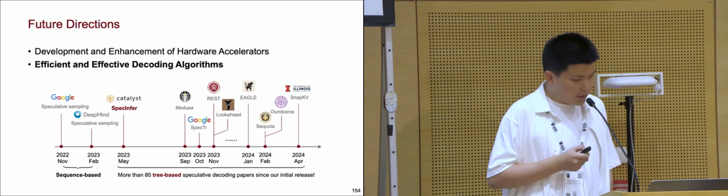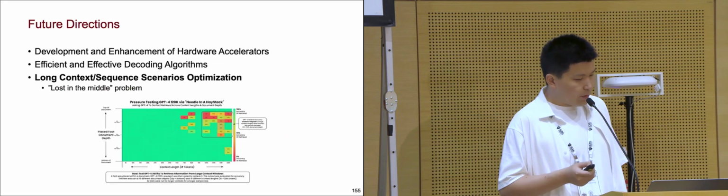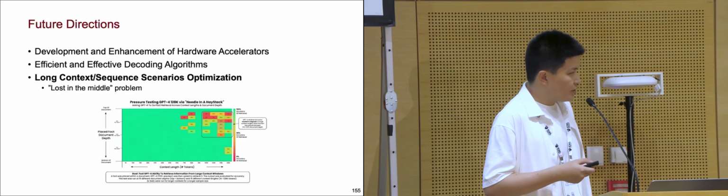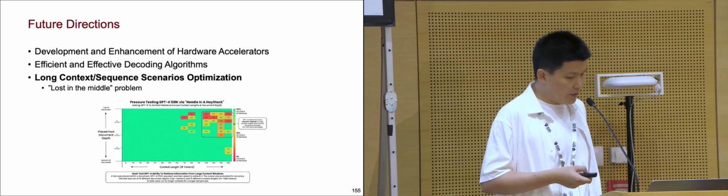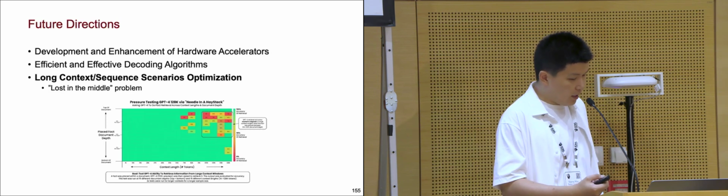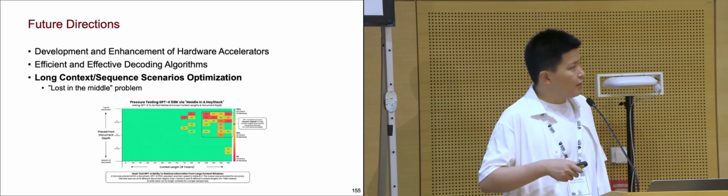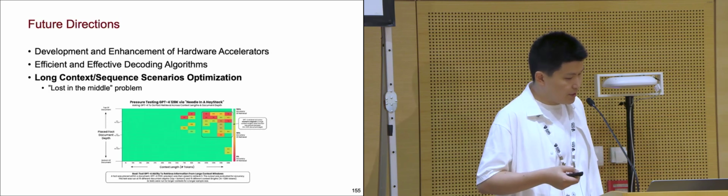The second part is about efficient and effective decoding algorithms. We believe that, for example, speculative decoding can be a very promising alternative solution because it will not change the generation quality of the language models, but it can directly bring some acceleration.